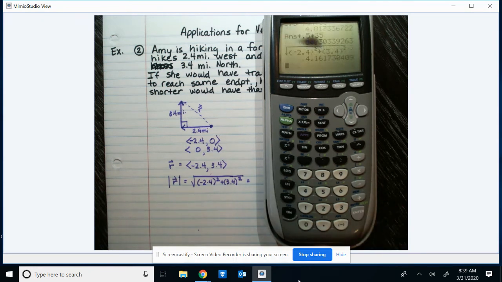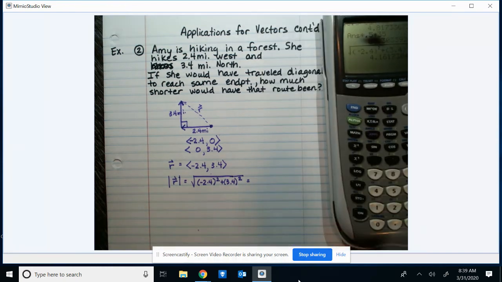If I take the square root of negative 2.4 squared plus 3.4 squared, I'm going to get 4.16. So that means that the distance of that resultant would be 4.16 miles.